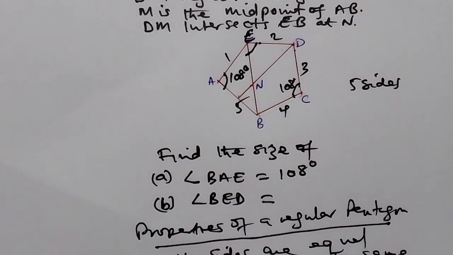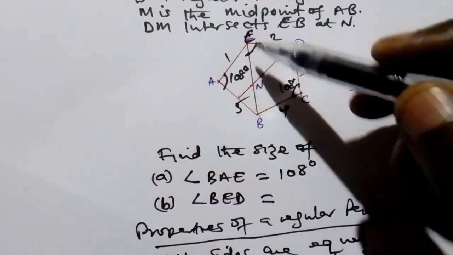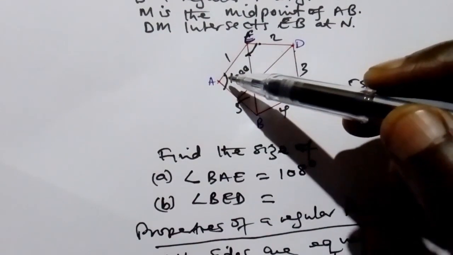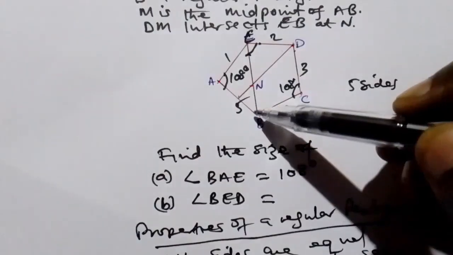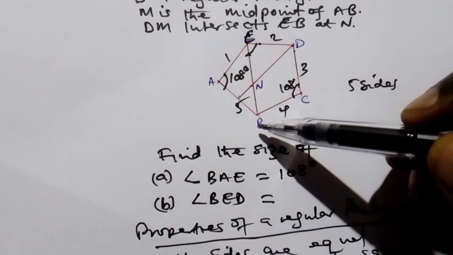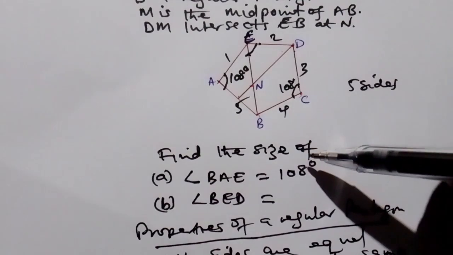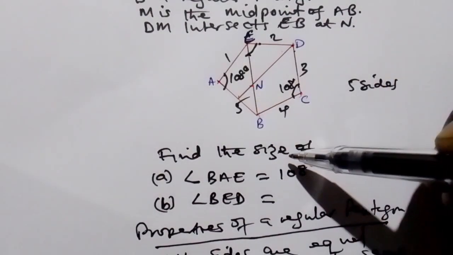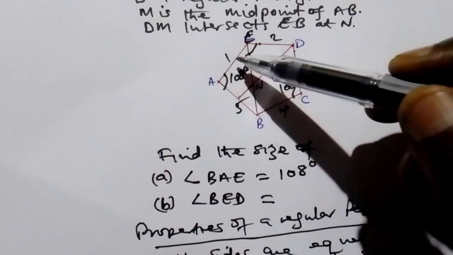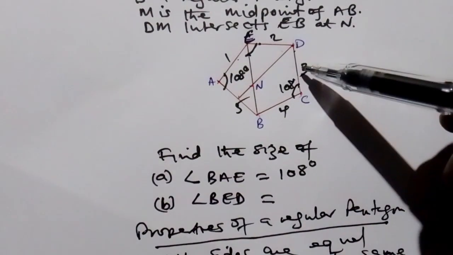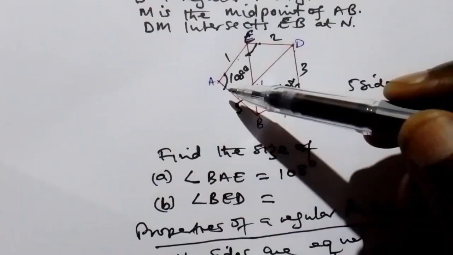From here you can see that this is a triangle, and one of the properties of a regular pentagon is that all the sides are equal. This side is equal to this side, is equal to this side.